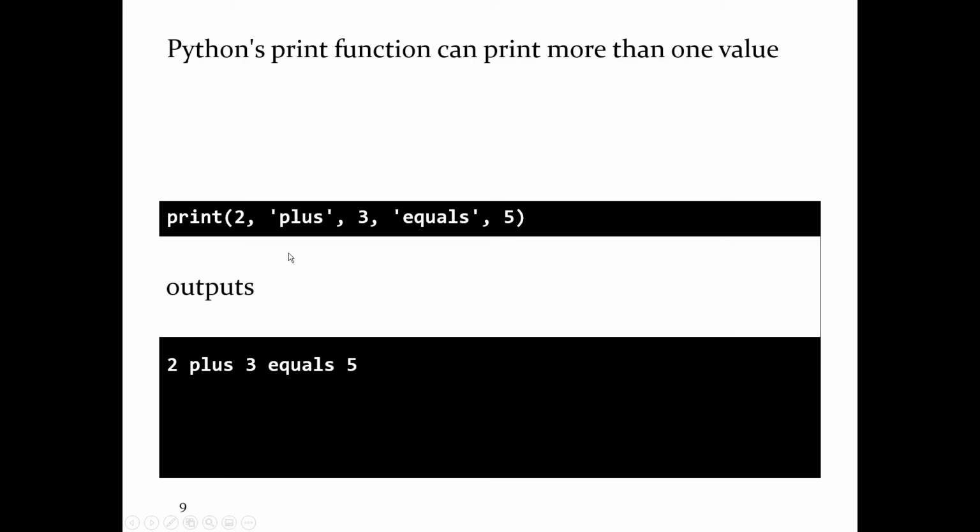Python's print function will print the 2, followed by a separator character, which by default is the space, and then plus space 3 space equals space 5. And then it'll go to the next line, so the next line of output will appear here. You can control that as well. With the print function, you can tell print what to use for the line terminator.